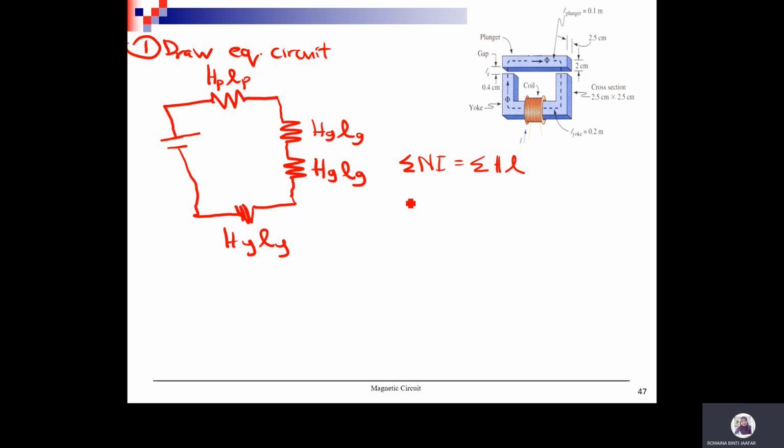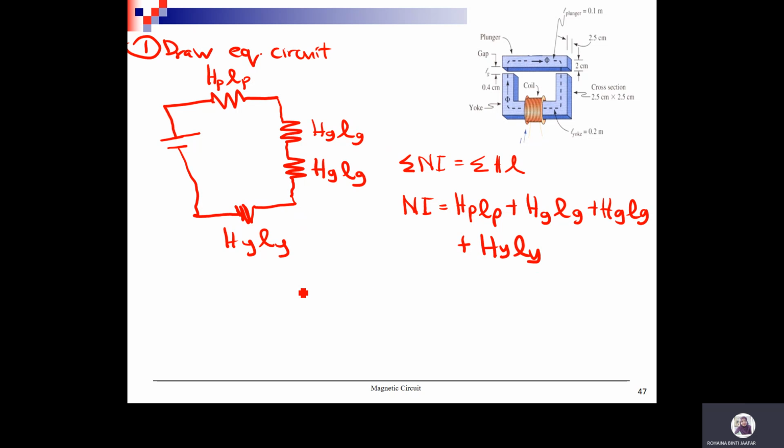So here you have only one source, Ni equal to H plunger L plunger plus Hg Lg for the air gap, so you have two air gaps, plus Hg Lg, plus H yoke L yoke.